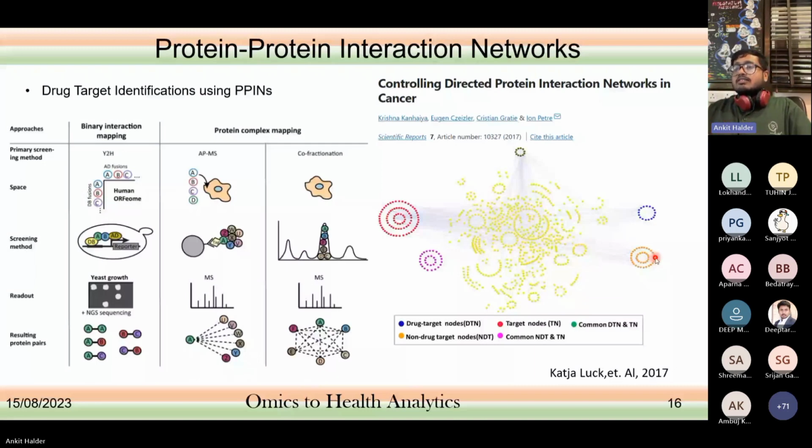There are some nodes which you can see here: these are the drug target nodes and these are the target nodes. By choosing the specific drug target nodes and the target nodes as well, you can try to find out which particular proteins or group of proteins, when targeted, lead to the desired effect, and which, if you look in the non drug target nodes, won't work.